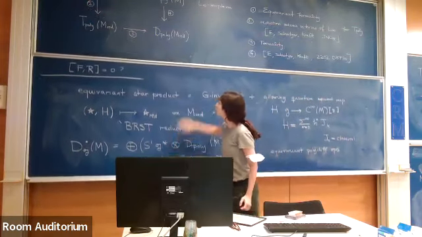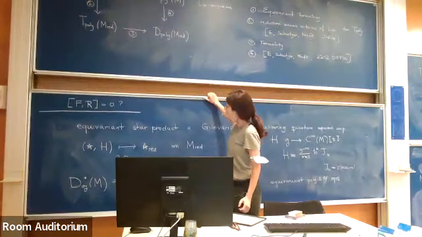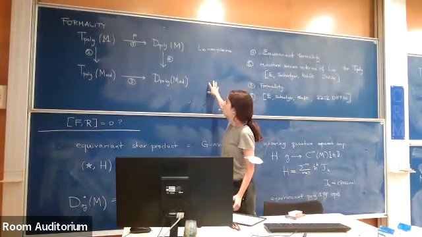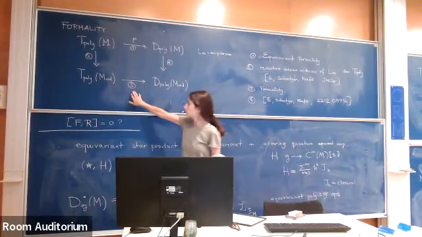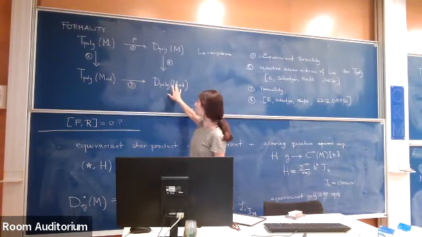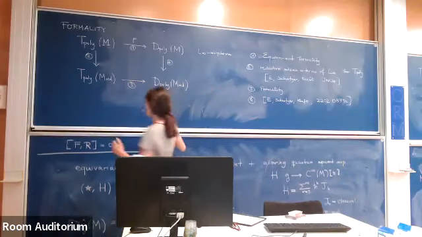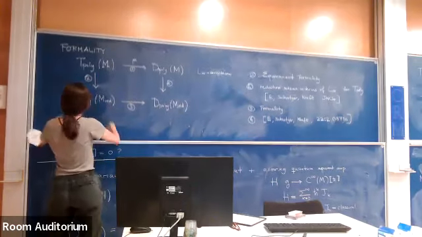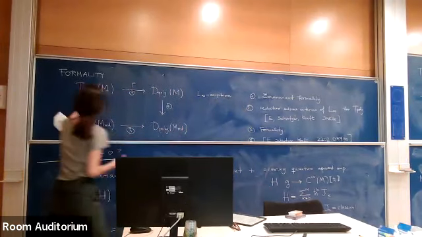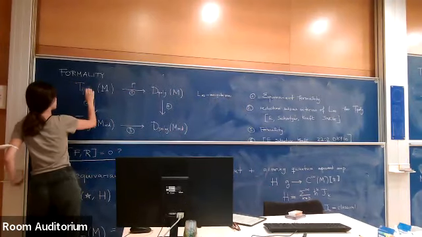So end of the story, we have the two vertical arrows. We have this arrow because this is the formality for this Poisson manifold. We don't have yet the first one, because here we have the equivariant one.